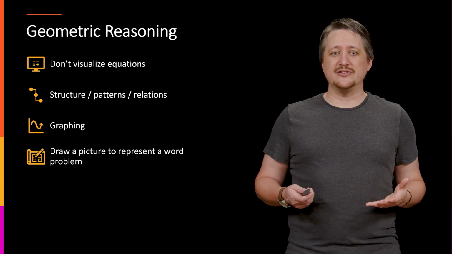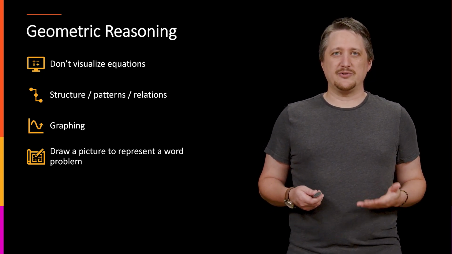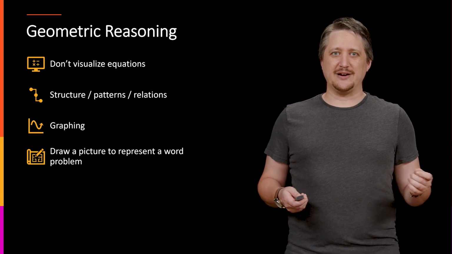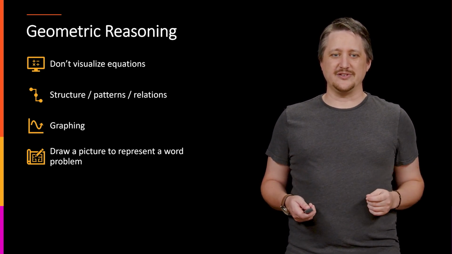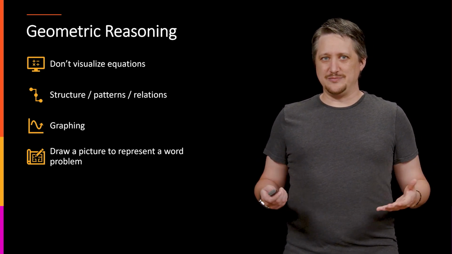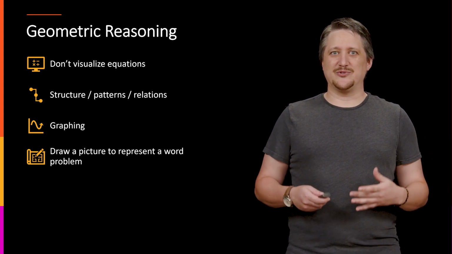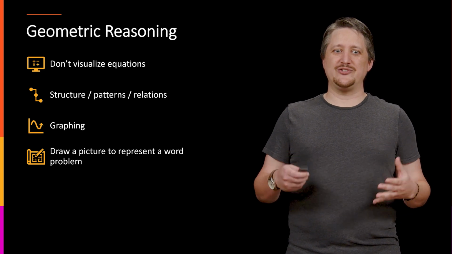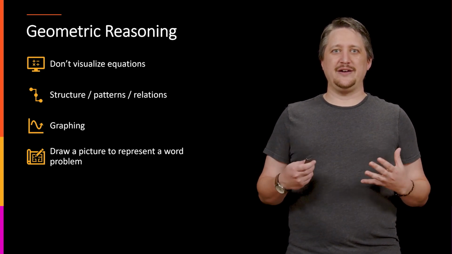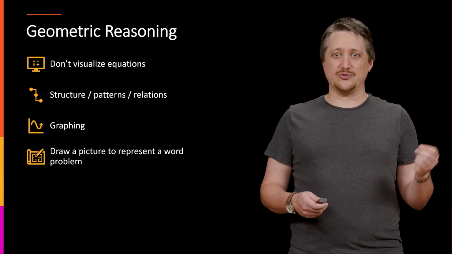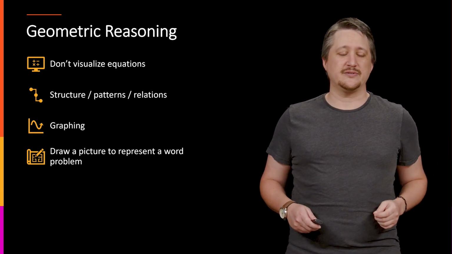It could be other things too, like drawing a picture to represent a word problem, or even drawing abstract things. You could draw arrows or little squiggles. And as we see in other videos, we have potato diagrams or cloud diagrams, and these are geometric reasoning. This is the way of understanding what we're trying to talk about by visualizing it instead of just writing down some letters and numbers, right?